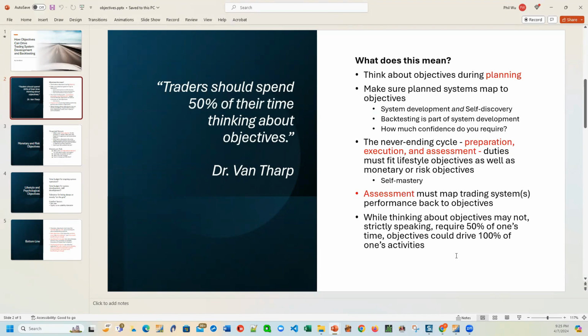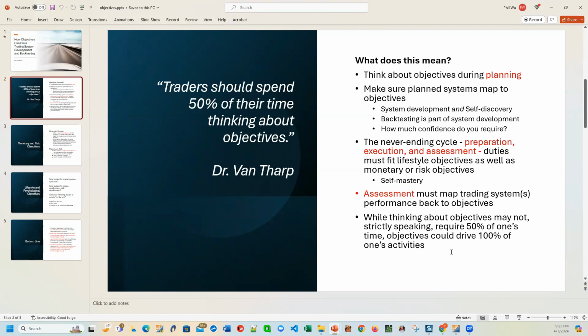Backtesting is part of system development, so you obviously want to be backtesting a system that you'll be able to use. On the question of your objectives, how much confidence you require could in itself be an objective related to risk management.